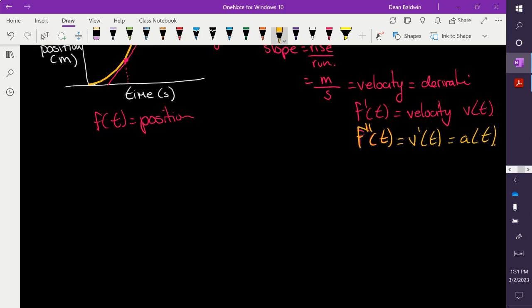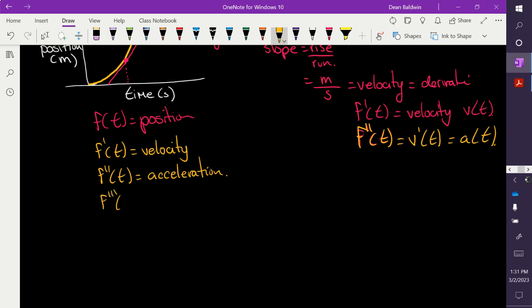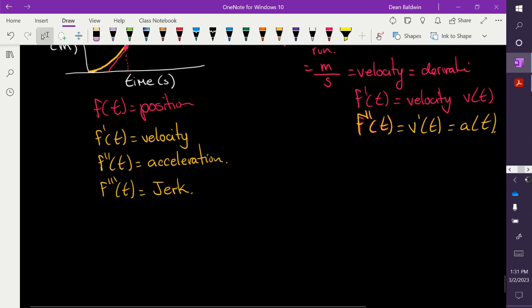So if you wrote it out, f of t is position, f prime is velocity, f double prime is acceleration, f triple prime, we talked about this yesterday, is called the jerk. It's how fast you are accelerating. It's the acceleration of the acceleration. And then it keeps going. Now, once you get past triple prime, they don't just keep putting primes.